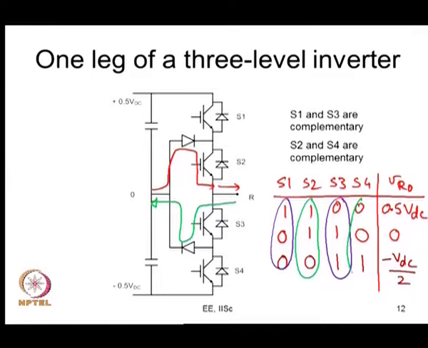This and this are complementary, that is what we have said here. S1 and S3 are complementary and S2 and S4 are complementary.